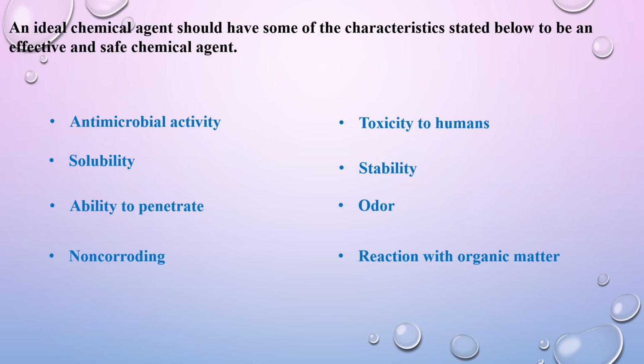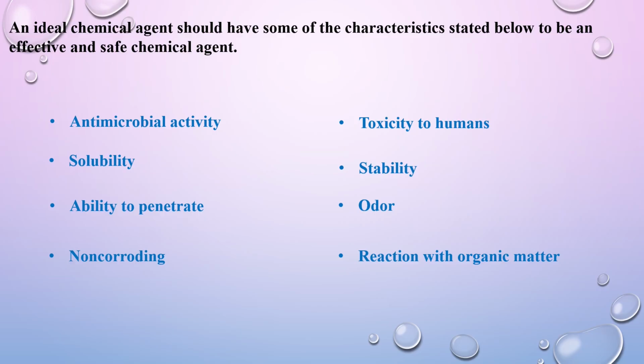If there is considerable amount of organic matter along with microbes, some chemical agents have a tendency to react with the organic matter, and in such cases there will be very little of it left to react with microbes. Hence, an agent which does not react or reacts less with organic matter is preferred.